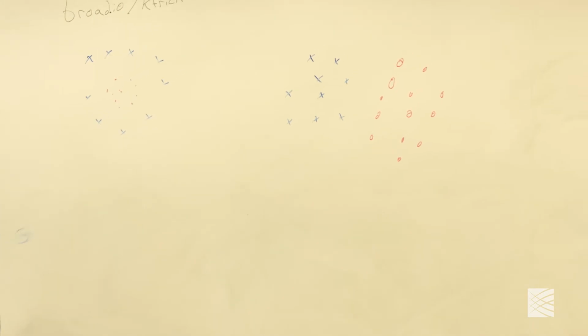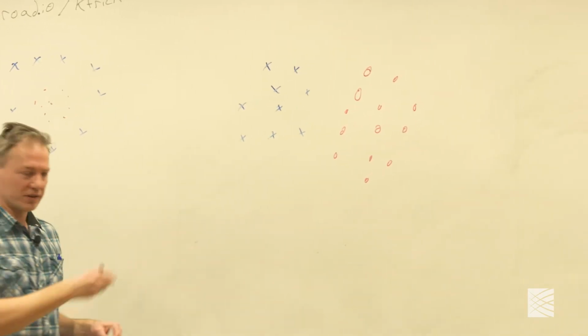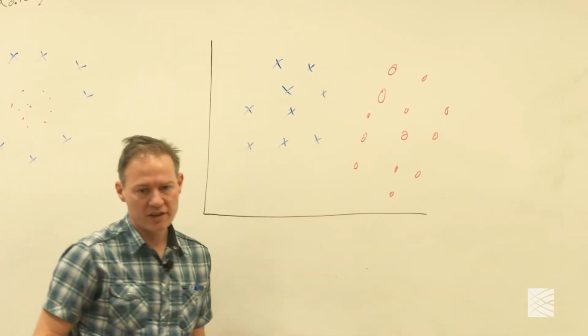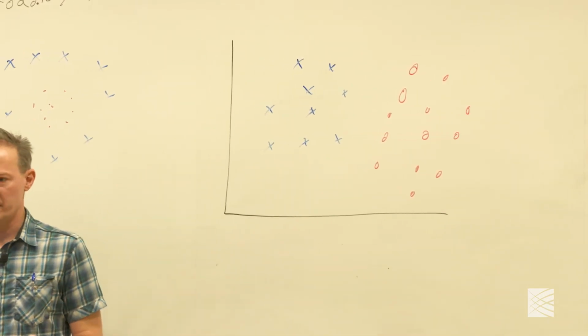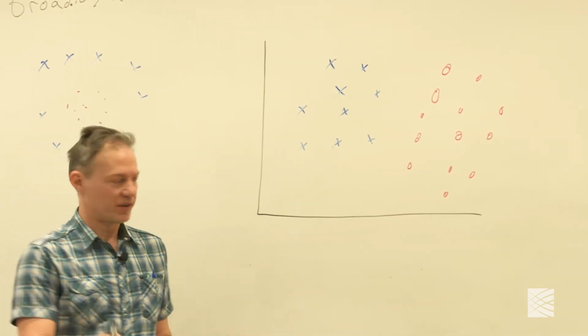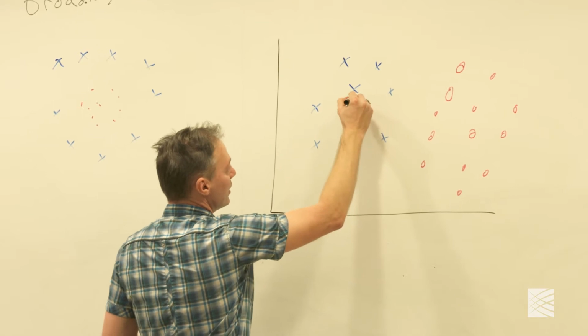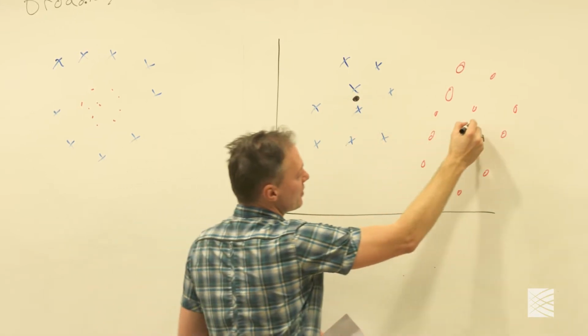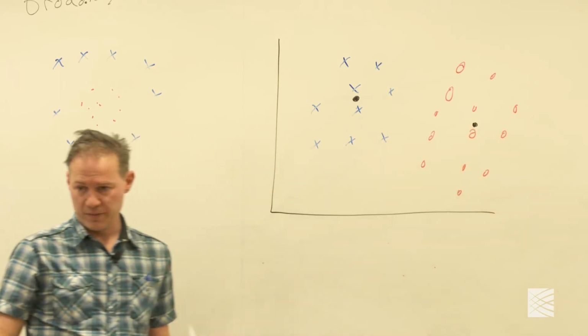One of the classic techniques for classification problems in a linear space is Fisher's linear discriminant. So this is a very simple thing. Well, sorry, I shouldn't say simple. This is a technique where you take the means of the two distributions.